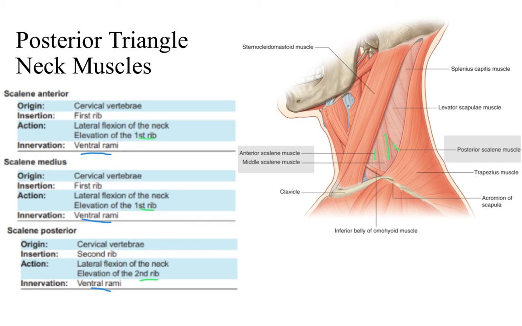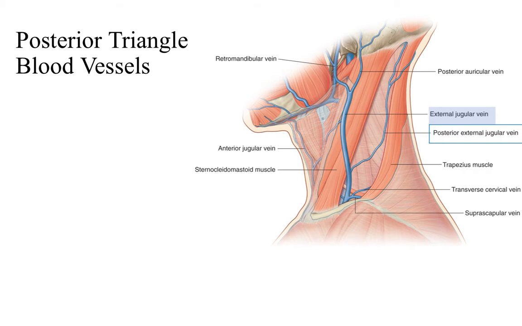The other muscles that you see here within the posterior triangle are ones that we've already covered. So here you have the levator scapulae muscle, as well as the splenius capitis muscle that we talked about in previous lectures. But since those were more associated with the back rather than the neck, we're not going to discuss them any further here. We've already talked about how the external jugular vein courses along the sternocleidomastoid muscle, but then enters into the root of the neck in the posterior triangle.